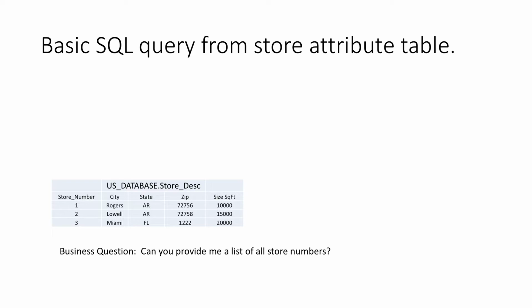Bill gets the business question, can you provide me a list of store numbers? So what would that SQL statement look like? So this is it. Select store number, because that's the column that we want to select, from US database dot store desk.